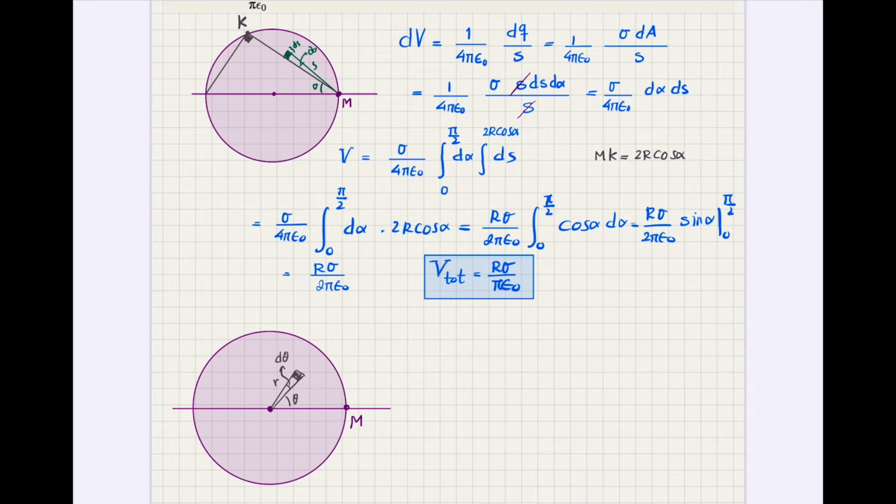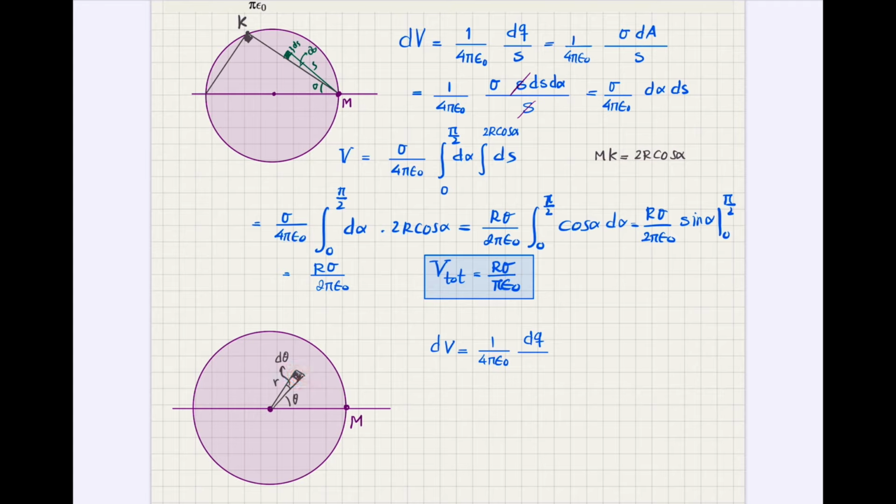Okay, again I want to use symmetry as before, but here we don't need to use the symmetry. So here I can say that the infinitesimal potential is 1 over 4 pi epsilon 0 dq, which is the infinitesimal charge here, divided by the distance of this charge to the point on the rim.